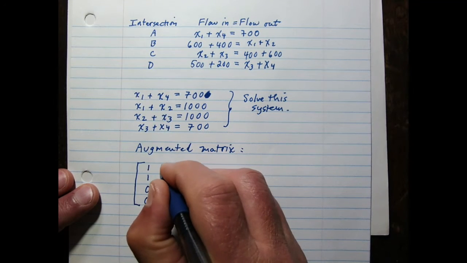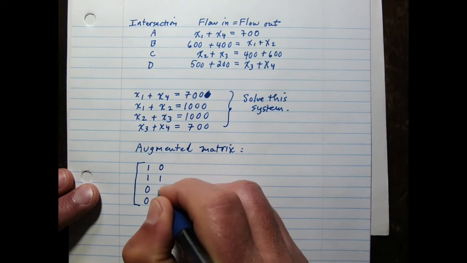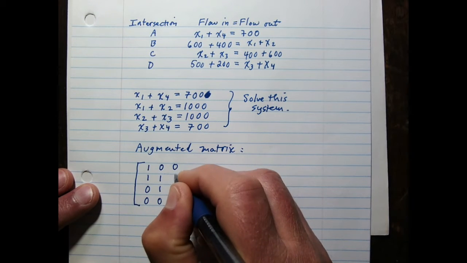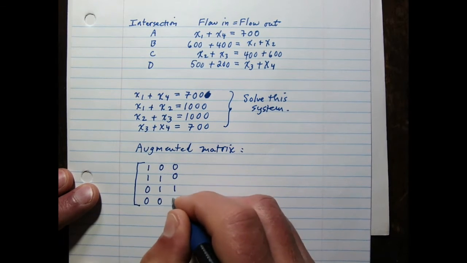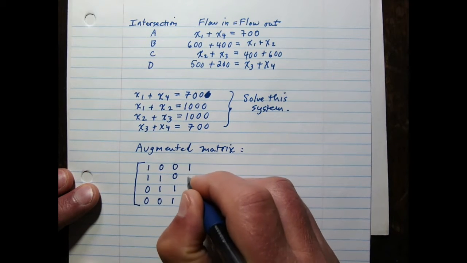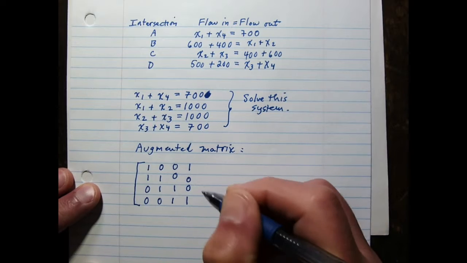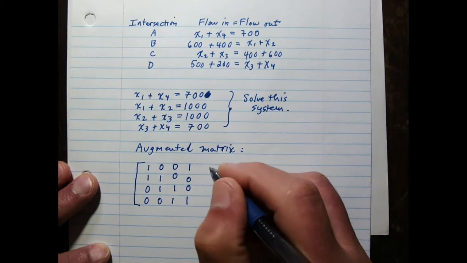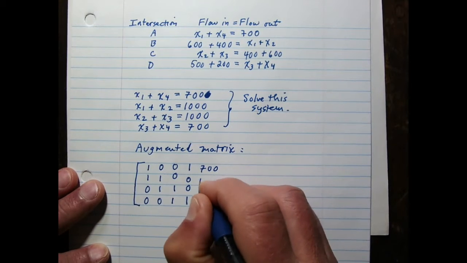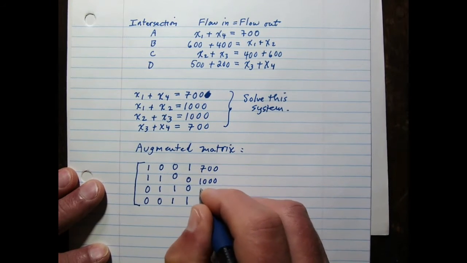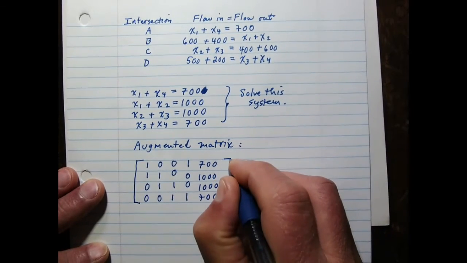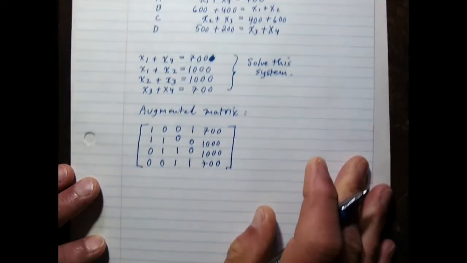Coefficients of x2 are 0, 1, 1, 0. Coefficients of x3, 0, 0, 1, 1. Coefficients of x4 are 1, 0, 0, 1. And then my constants on the right are 700, 1,000, 1,000, 700.